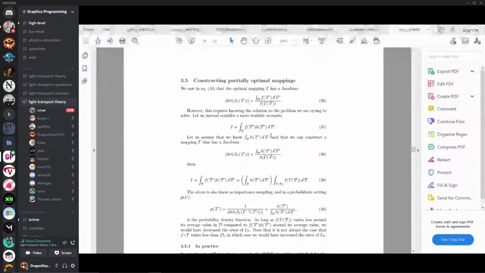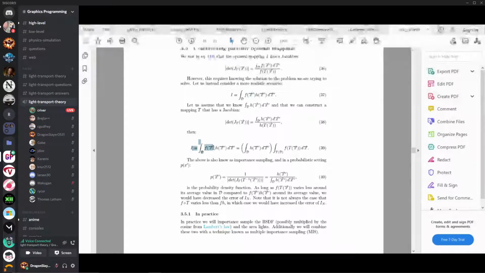So path guiding, technically, importance samples both of those. Your usual importance sampling, like sampling the BRDF or sampling the lights, is like picking one of those and removing it from the integral, as you see here. But path guiding is trying to sample both. Does that make sense? Yeah, kind of.